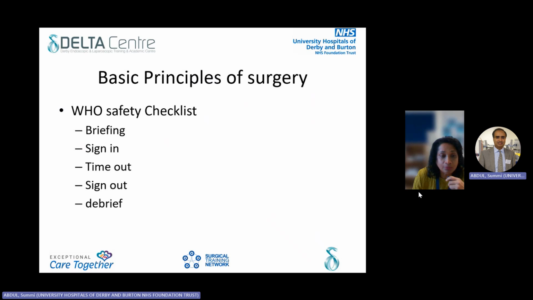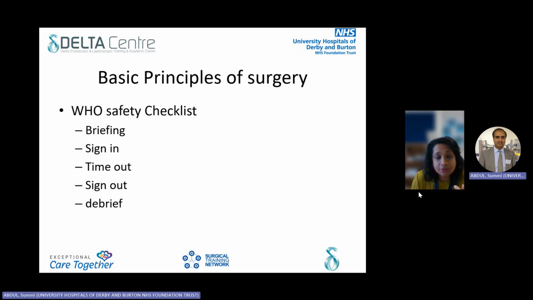As you all know, we have the WHO safety checklist in order to reduce that. The safety checklist consists of certain aspects. You have a briefing, where everybody gathers together so people understand what we're going to do and identify any issues related to that list.